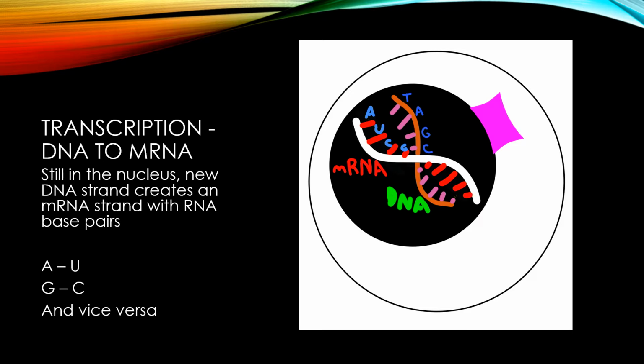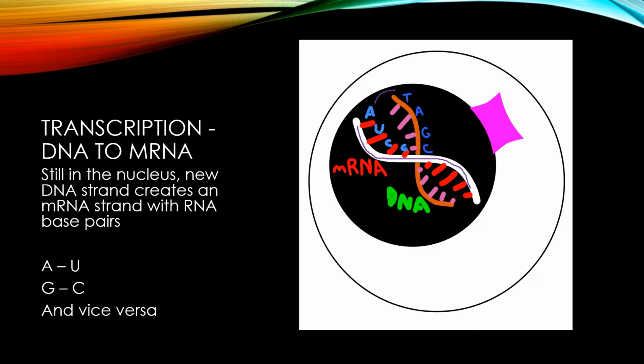So this is called transcription. See this white? It looks like a DNA strand, but actually what it does is the exact same thing as it did when the DNA needed to make the other half of itself. But instead of making the other half of itself, this second DNA strand makes another strand with complementary base pairs.